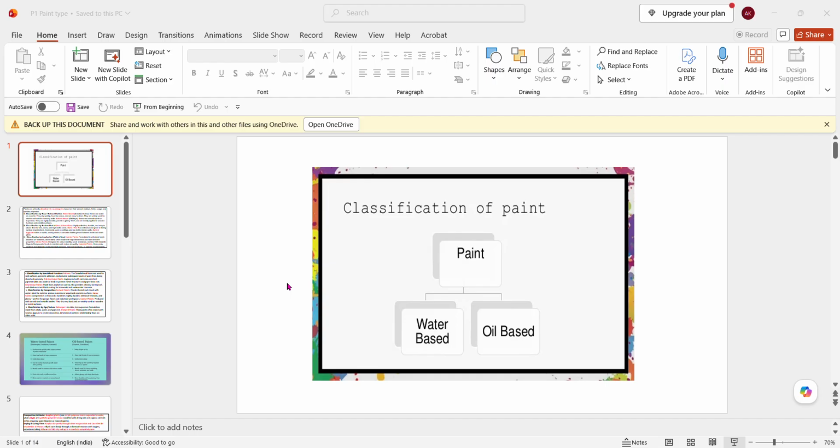Then oil paint. In the past, oil paints were heavily relied on because of their durability and longevity on surfaces. Water-based paint is now on par. Oil-based paint stands for rich finish.